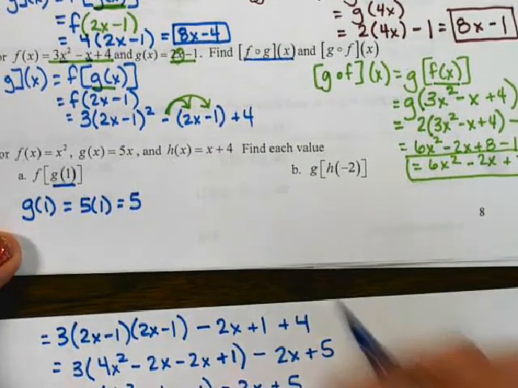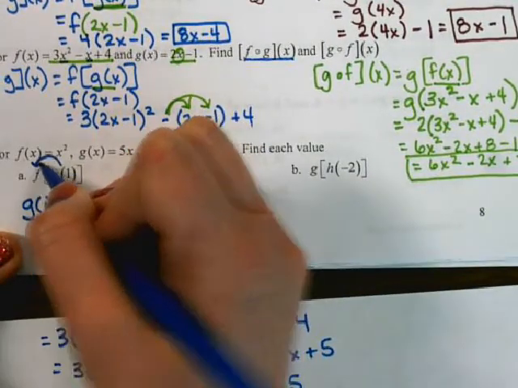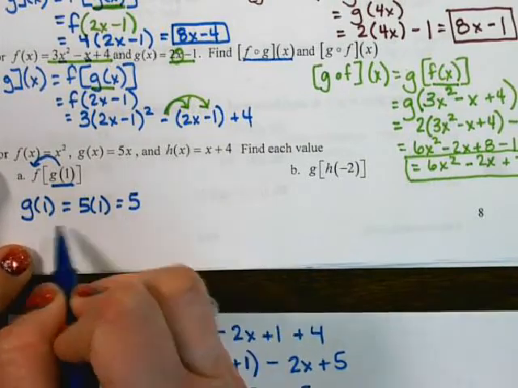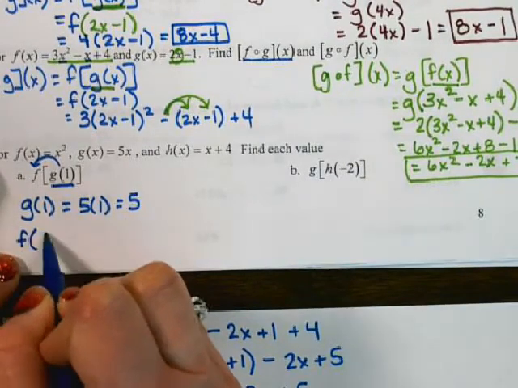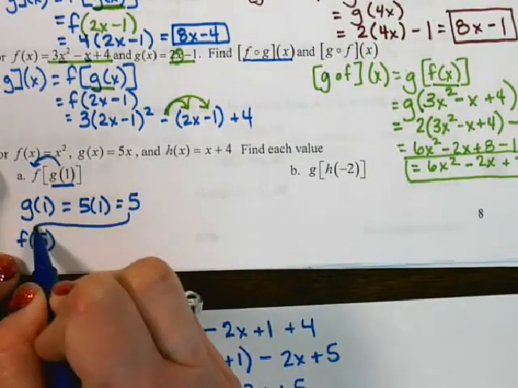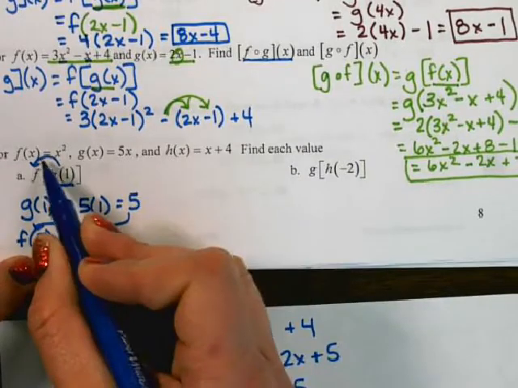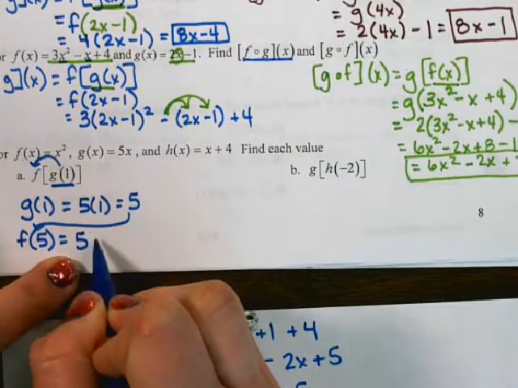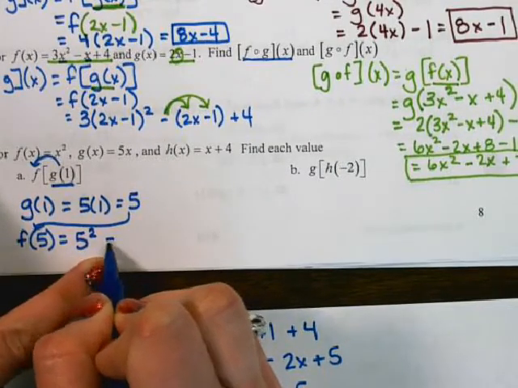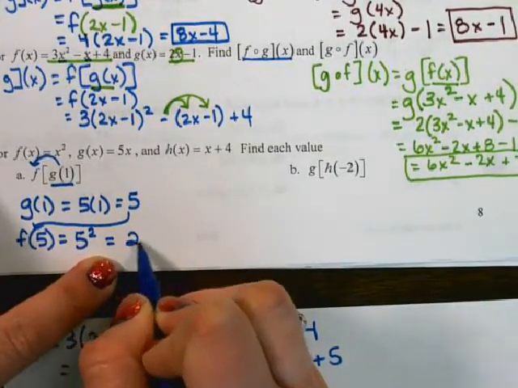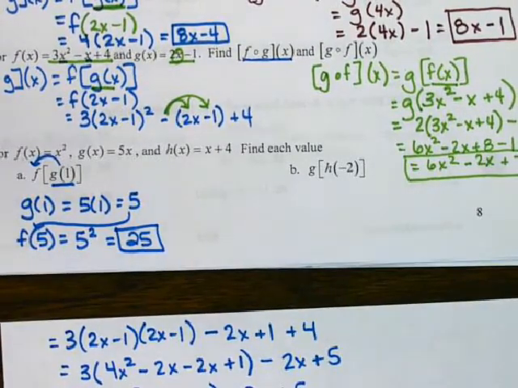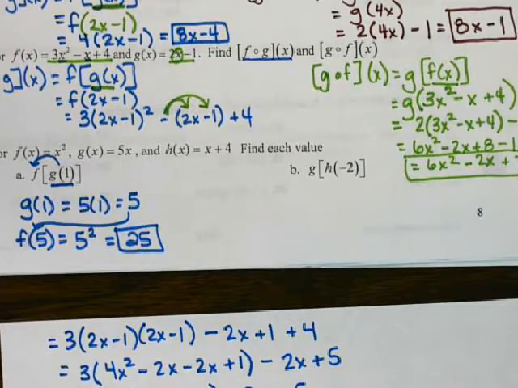Whatever number you get, you are now going to put that into the outside function, or the f function, or the leftmost function. So now I'm going to say f of 5. So into my f function, I'm going to replace everywhere there's an x with 5. So 5 squared. So f of g of 1 is 25.